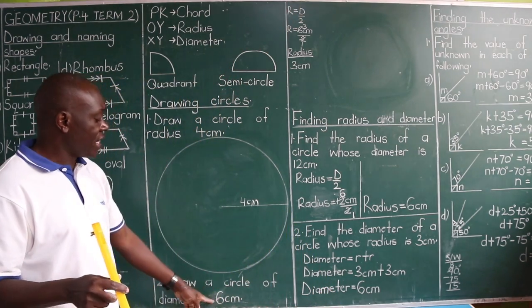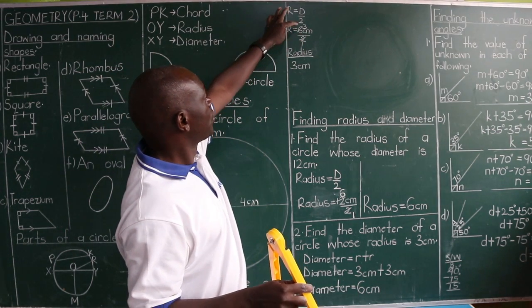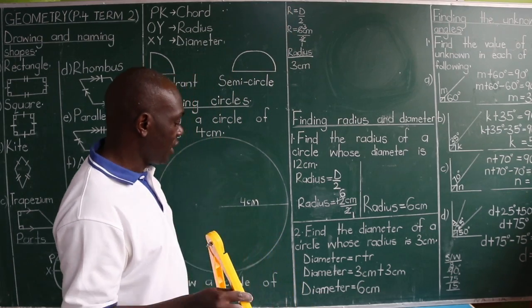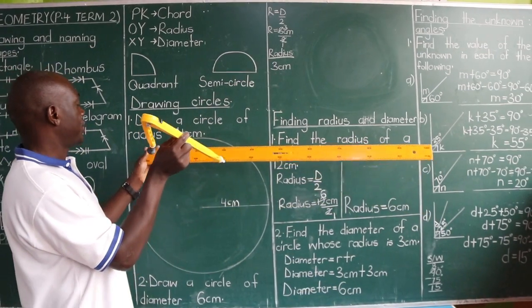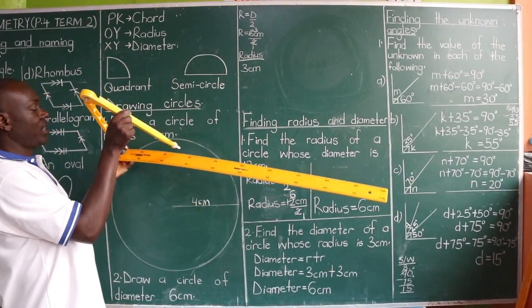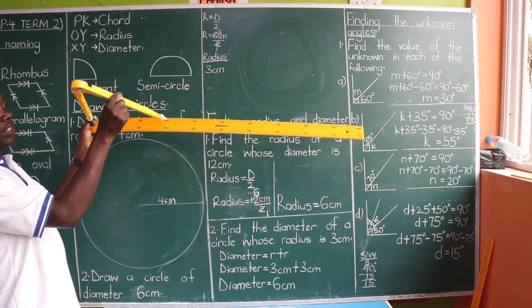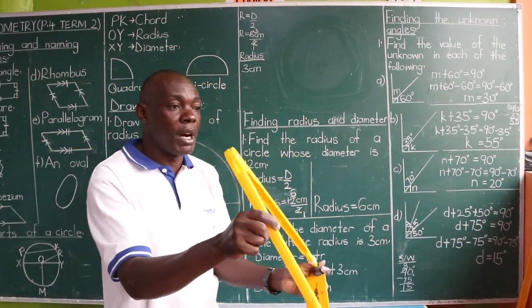Now that the diameter is given as 6 centimeters, you say radius equals 6 centimeters divided by 2. So 6 divided by 2 gets 3 centimeters. So our radius will be 3 centimeters. We go back and measure our 3 centimeter radius. We adjust up here. So 3, you see where 3 is on our ruler, and then we shall be perfect.